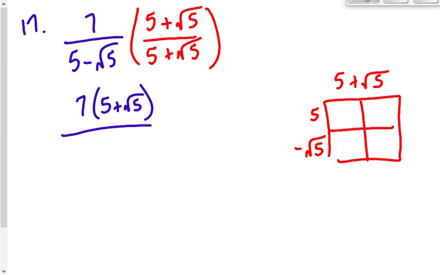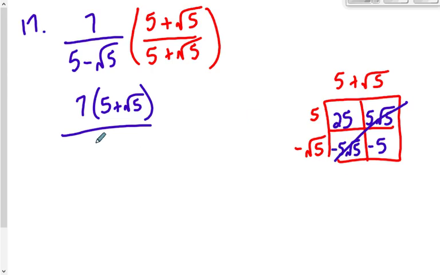Box that. 5 times 5? 25. 5 times square root 5 is 5 square root 5. And then this one is negative 5 square root 5. This one is negative. Square root of 5 times square root of 5 would be square root of 25. What's the square root of 25? Now, if you look right here, I've got negative 5 square root of 5 and positive 5 square root of 5.